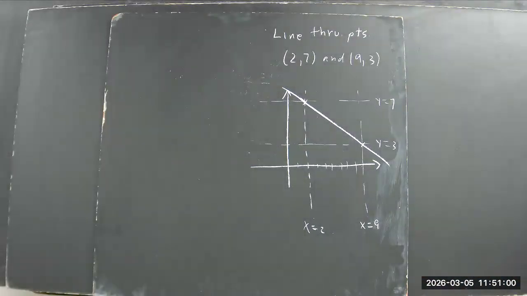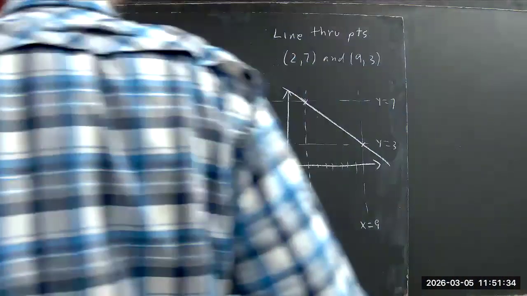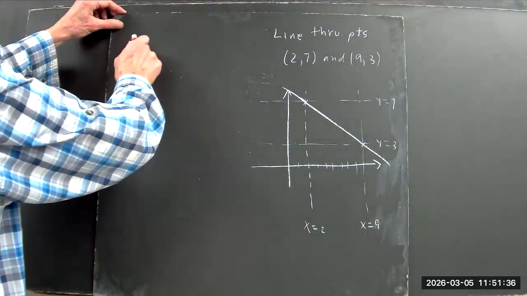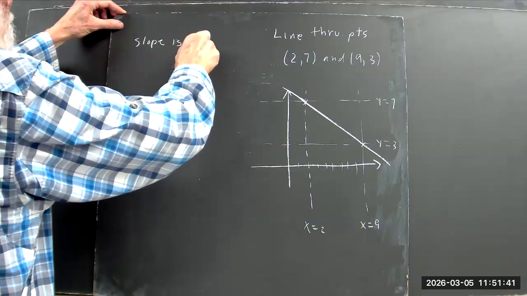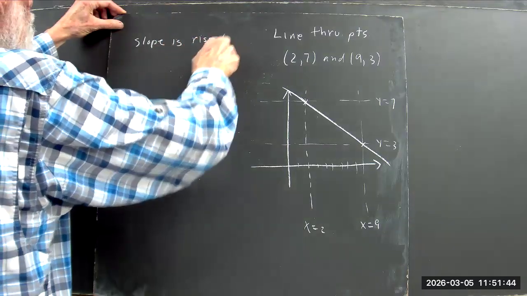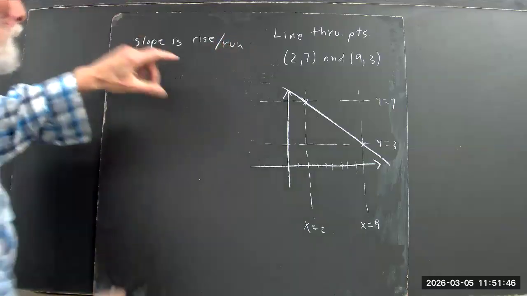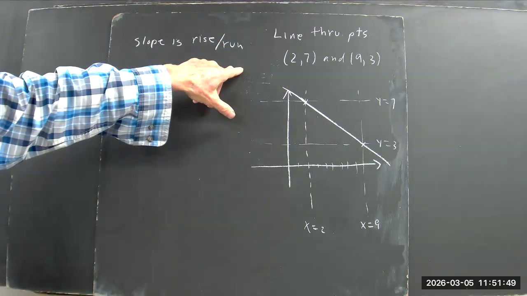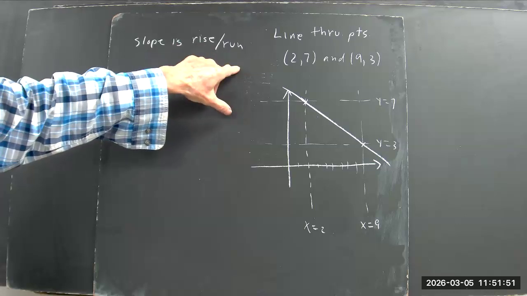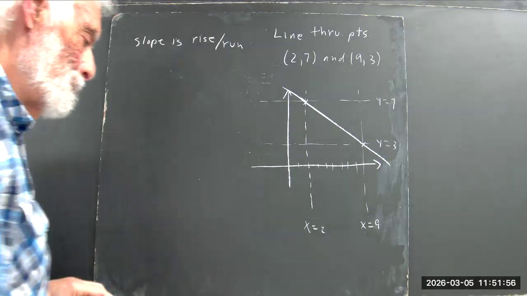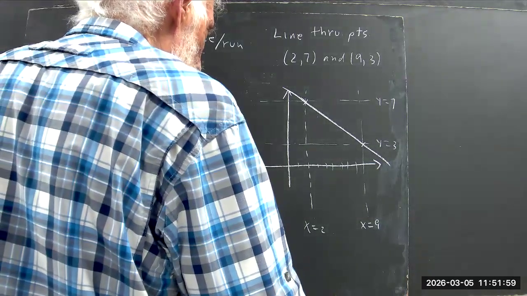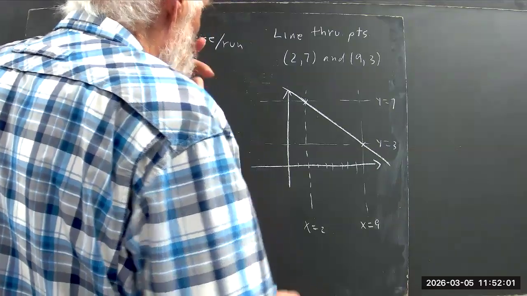Okay, so let's see if everybody can get the slope. Slope is rise divided by run. You've seen that before? Rise divided by run? Maybe not. Okay, but let's define what I mean by rise and run.